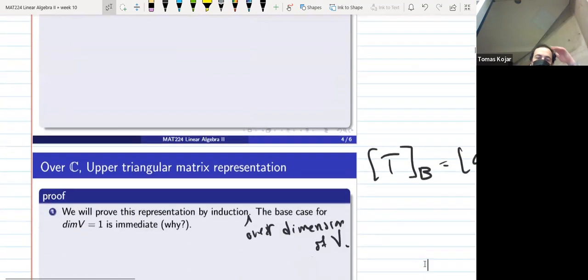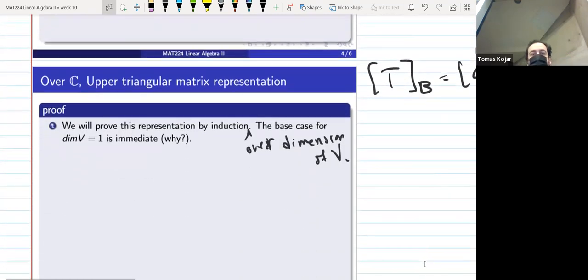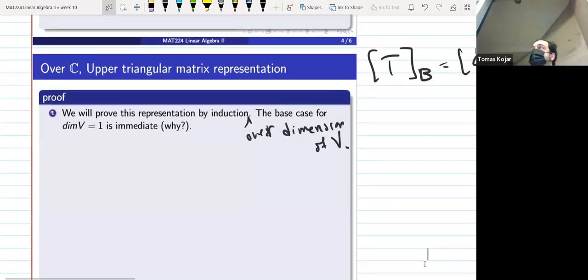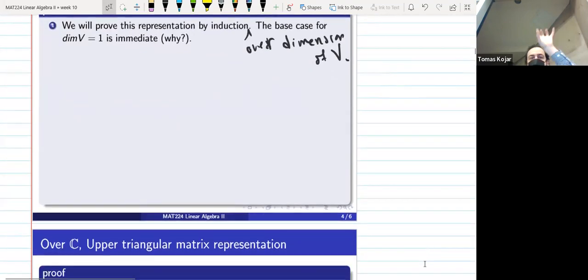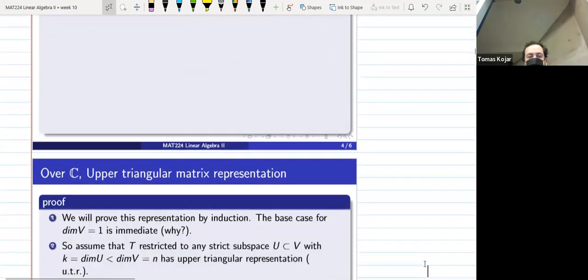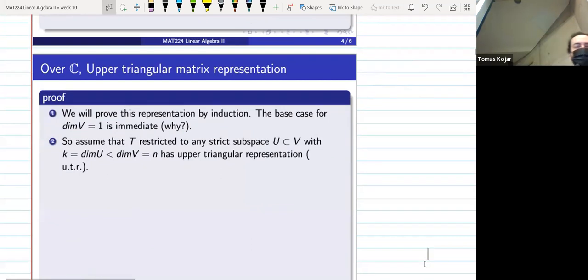We do this by induction. For dimension equal to 1, this is just a scalar. So it's immediate. The matrix is just one entry, so it's upper triangular. This is the base case. Now suppose you have this for all subspaces of V with dimension strictly less than that of V. That's our induction hypothesis.